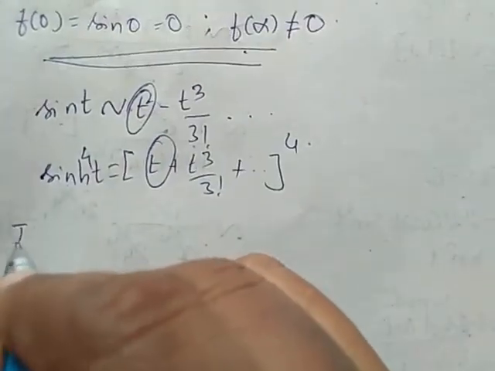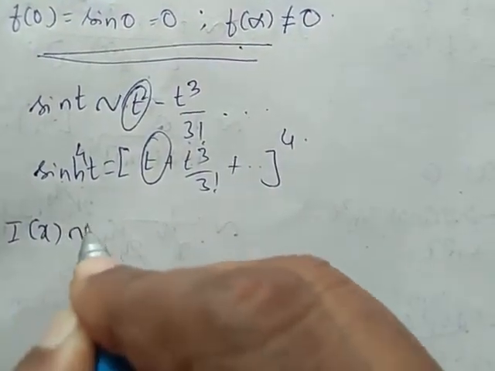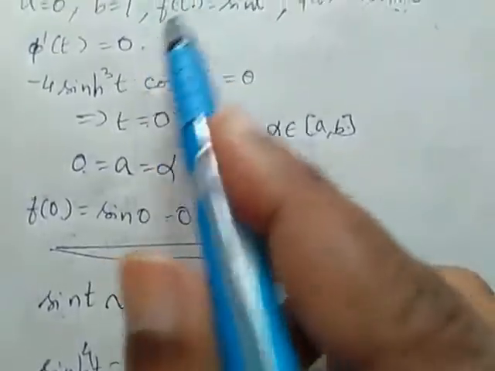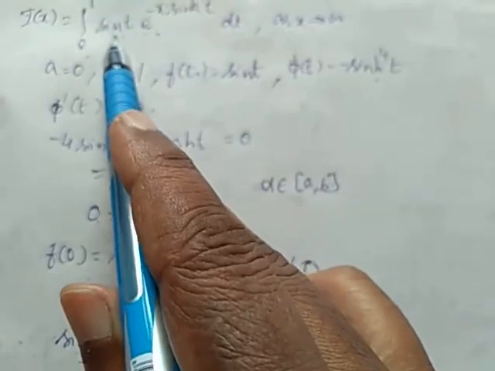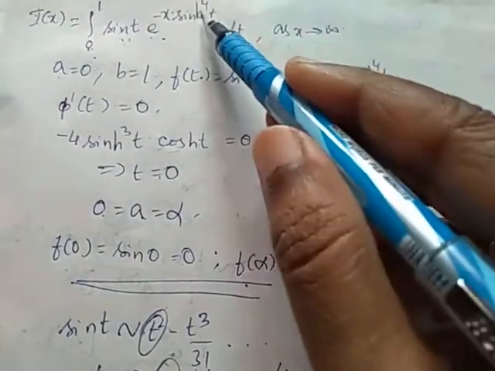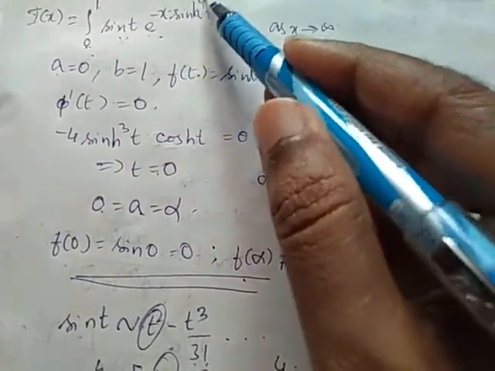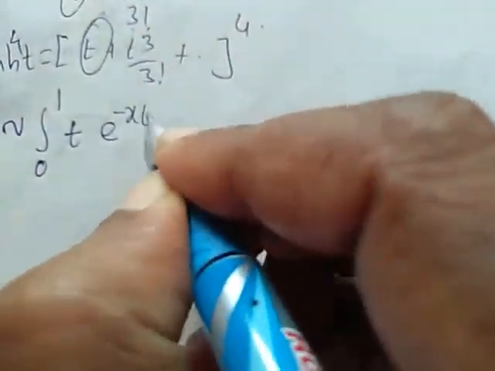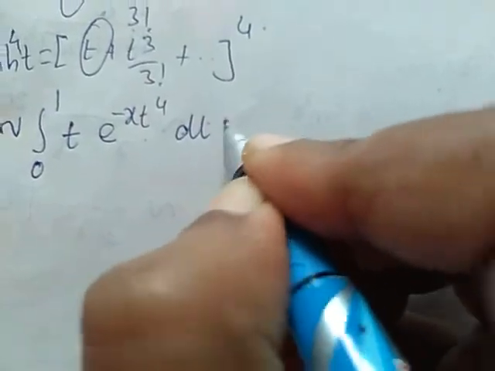Therefore, our integral is asymptotic to the integral from 0 to 1. sin t is t itself, and sinh t to the power 4 is t power 4. So our given integral is asymptotic to t e power minus x t power 4 dt.